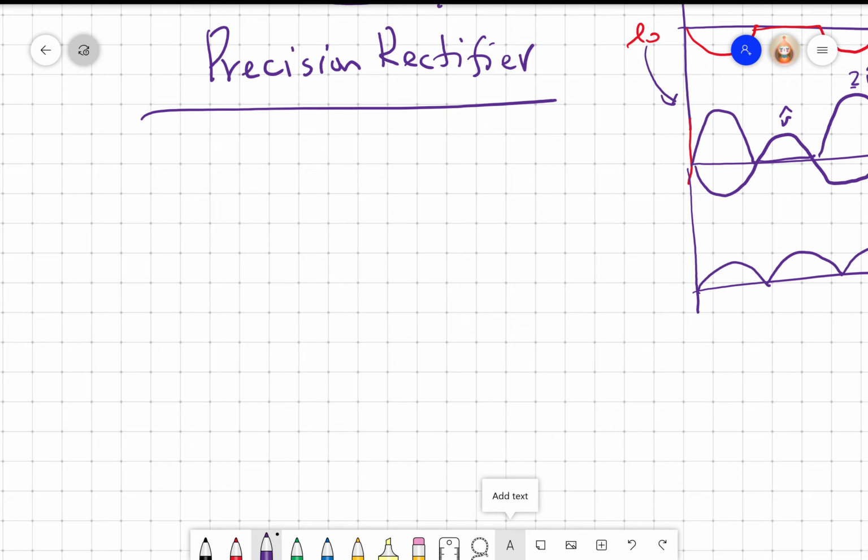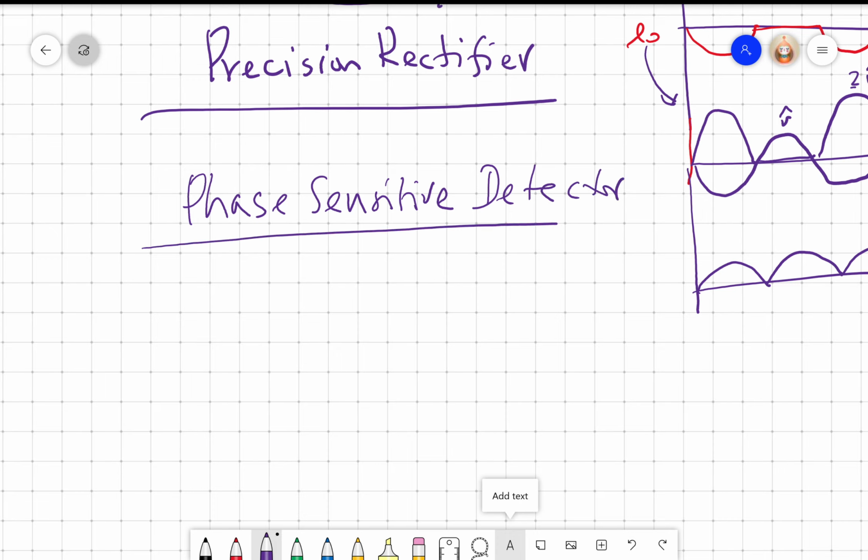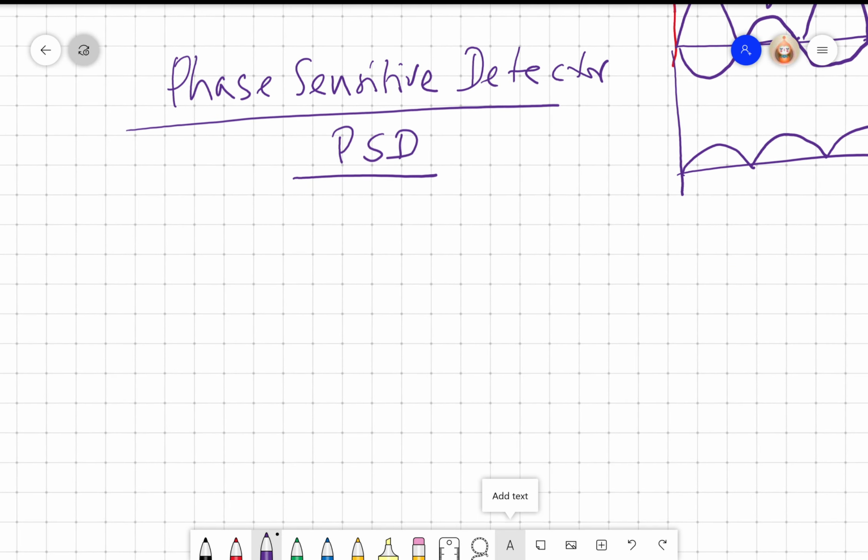Now when it comes to the precision rectifier, there is another circuit you can use instead, which is once again a popular signal conditioning circuit. We will see that we can use it for many applications. It is simply known as phase sensitive detector, simply called PSD, right?